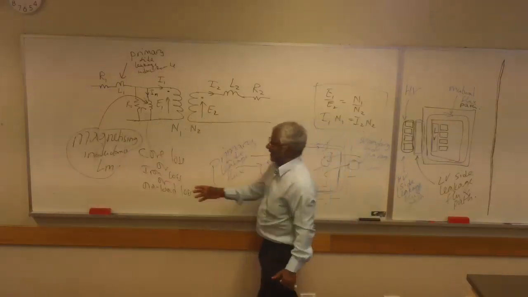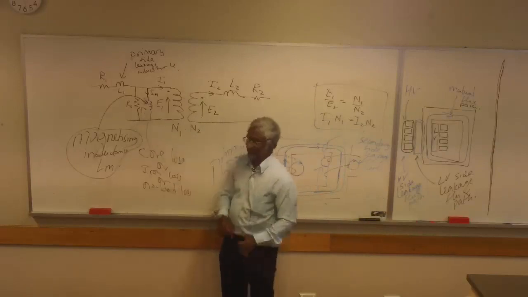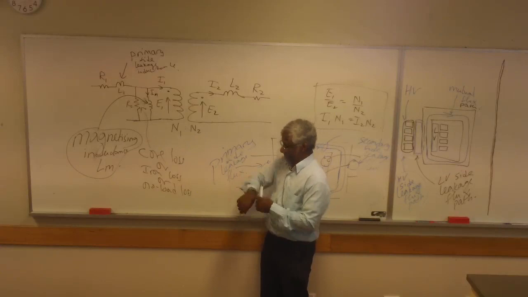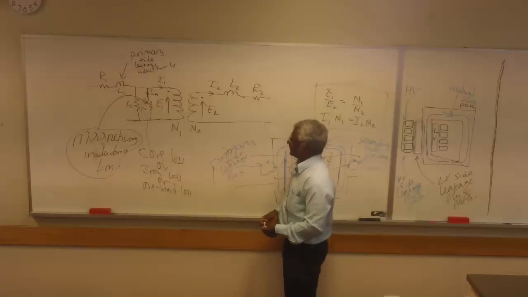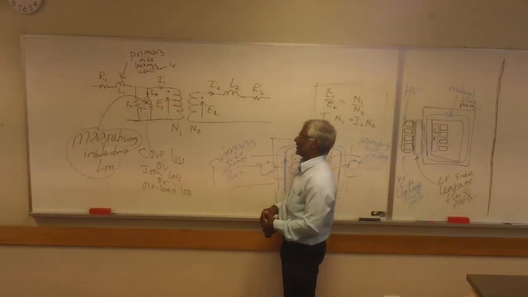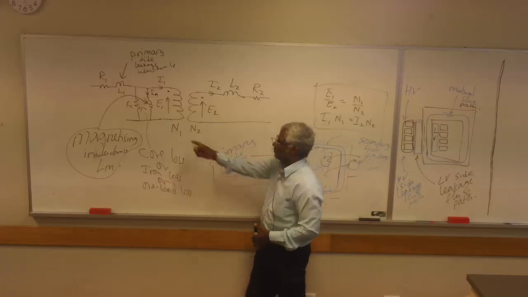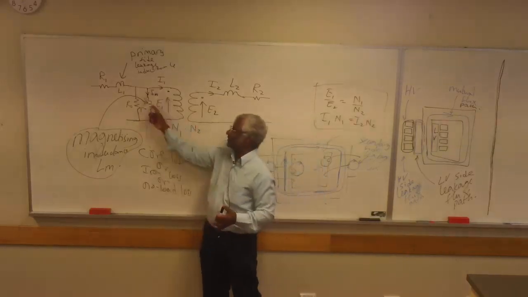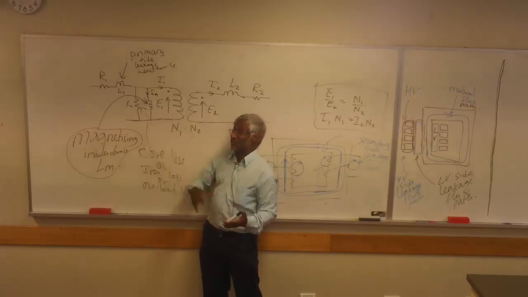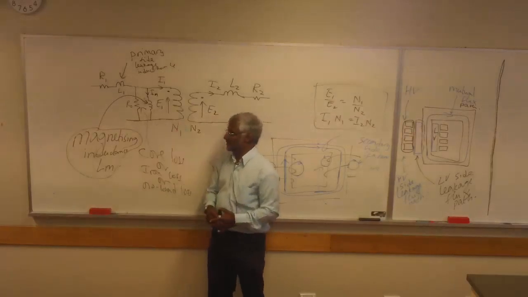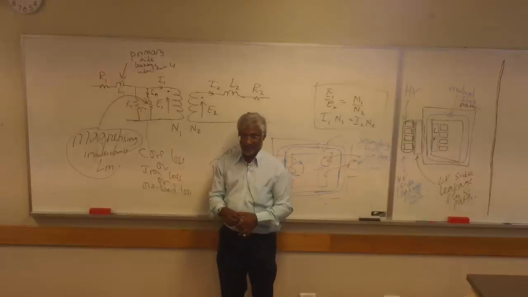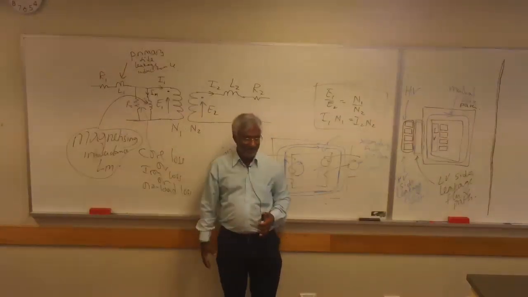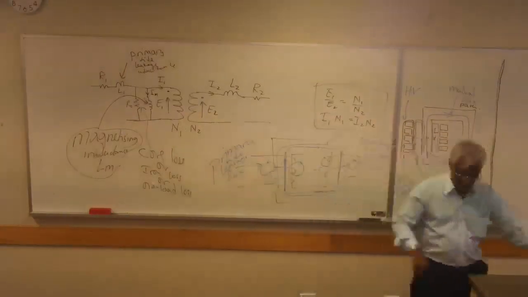And of course, you want Lm to be as high as possible, tending towards infinity. So that's a fourth imperfection. Ideally we should not have this branch. But in reality, we have to have it, because there's no such thing as infinite permeability.